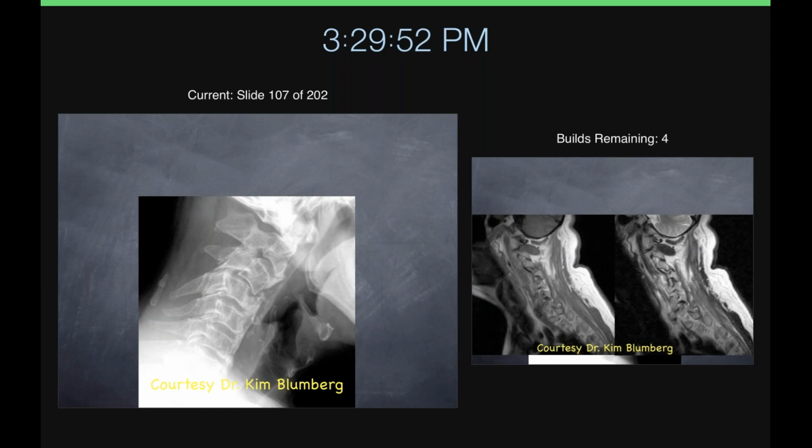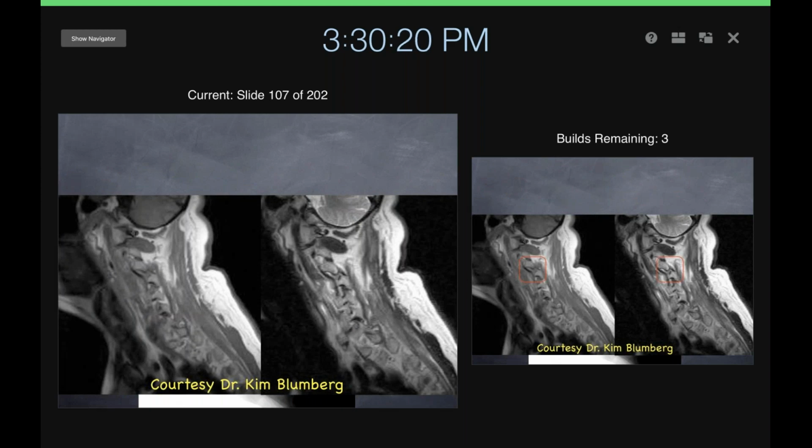Okay, so lateral view of the cervical spine. Anyway, so there is, I would say, anterior subluxation. Yeah, so we have this. Well, we probably have DISH here. Right, C3. Another fracture. Right, C3, C4.